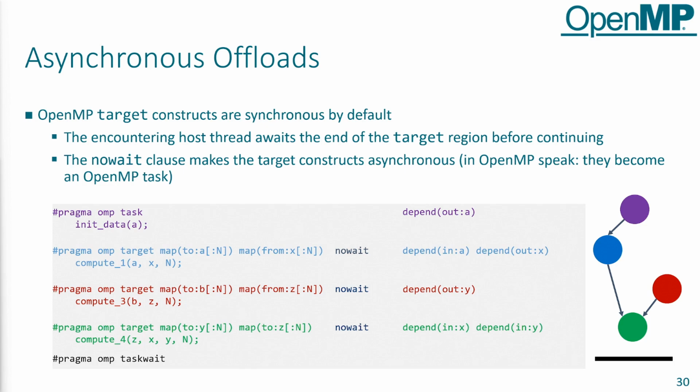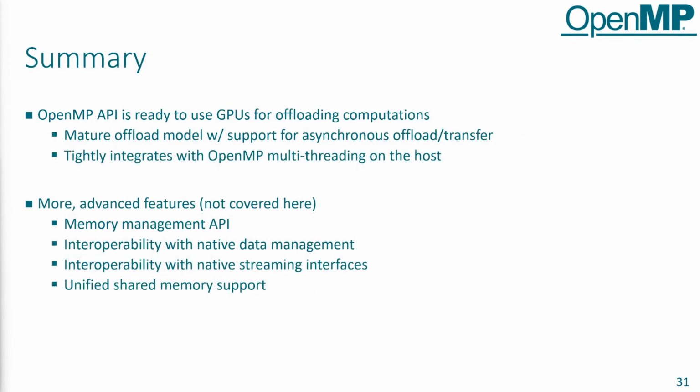All right, that's pretty much all I had to say about OpenMP offloading. What I wanted to get across is that if you think about GPU programming, OpenMP is there to help you. We have a major OpenMP offload model that supports asynchronous offload and data transfers. On the last slide, I showed you how tightly OpenMP offloading integrates with OpenMP multithreading on the host, namely via the OpenMP tasking features.